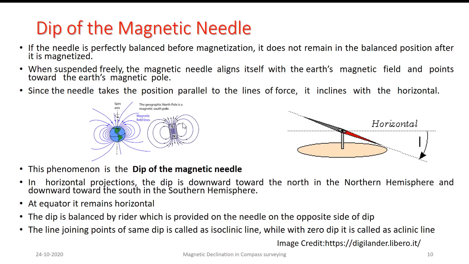In a similar manner, we can consider the south pole and north pole of the Earth as a magnet, with variation in the magnetic strength of the magnetic lines. Accordingly, at the central portion, which is the equator, the needle will be influenced with similar magnitude, and hence it will remain horizontal at the equator.